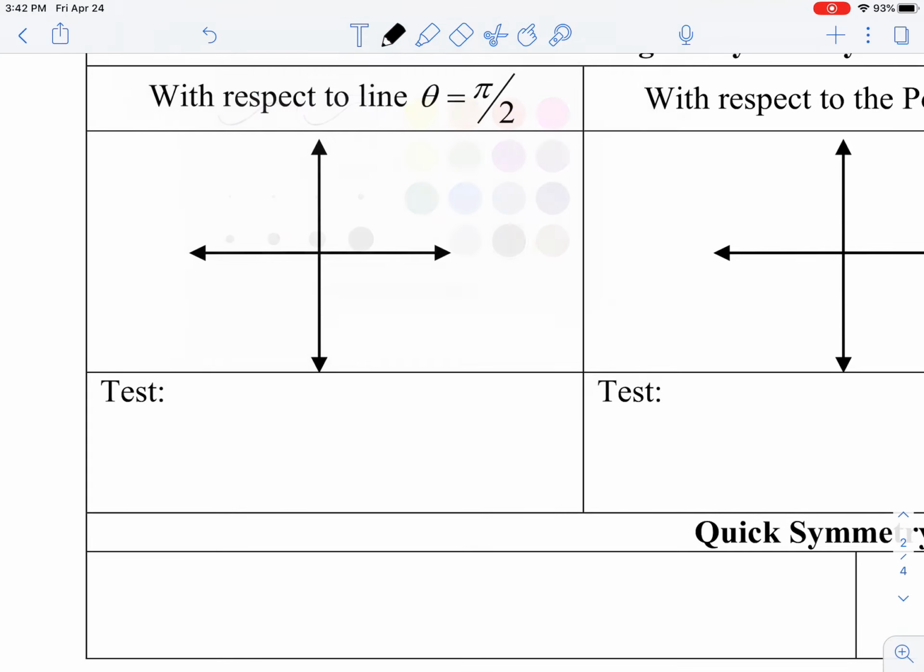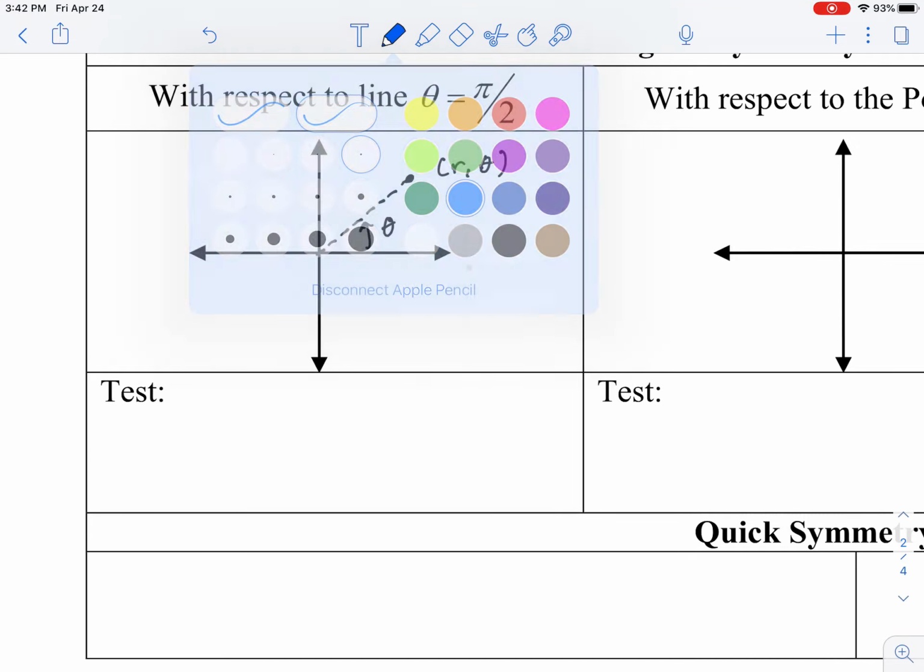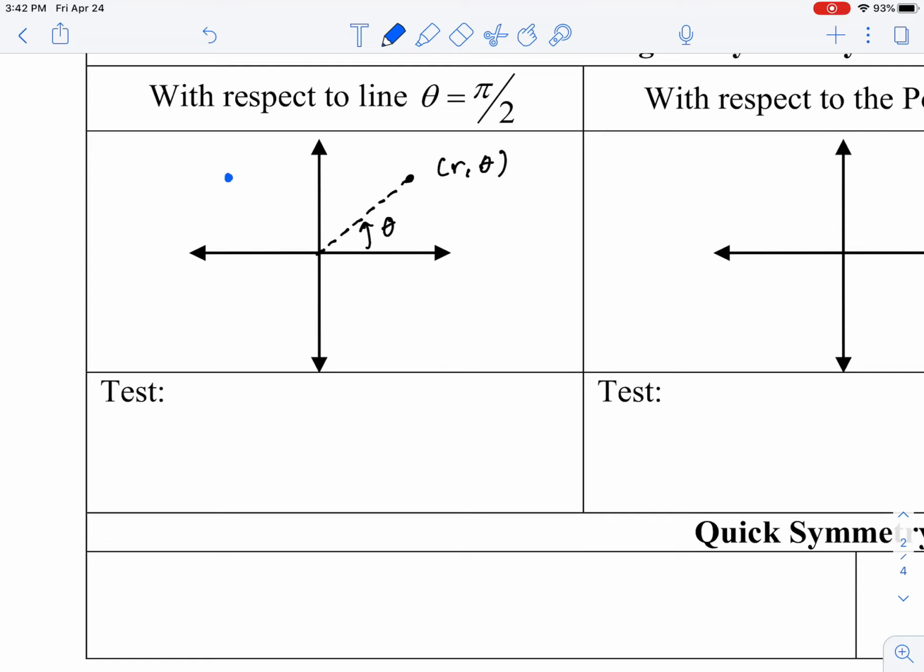Well, what are we looking at here? This is like us saying the following. If we had some point here, which we'll call (r, theta), it's got some value of r, some directed distance from the pole, and it's got some angle theta. Well, if any point on this polar graph is symmetric with respect to pi over 2, that means this following point here, let me graph this in a different color, also has to exist.